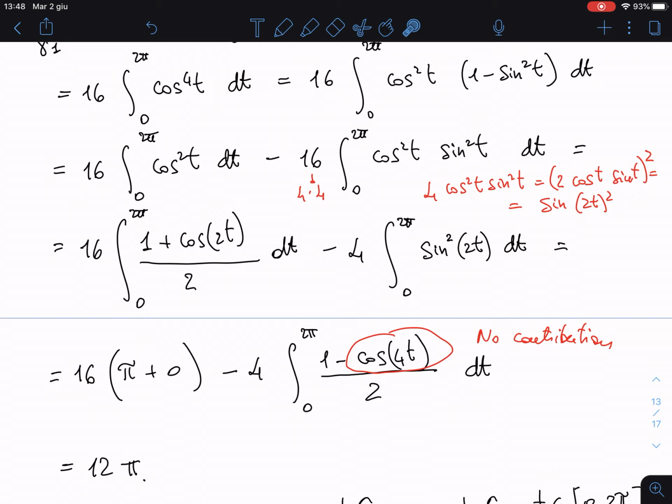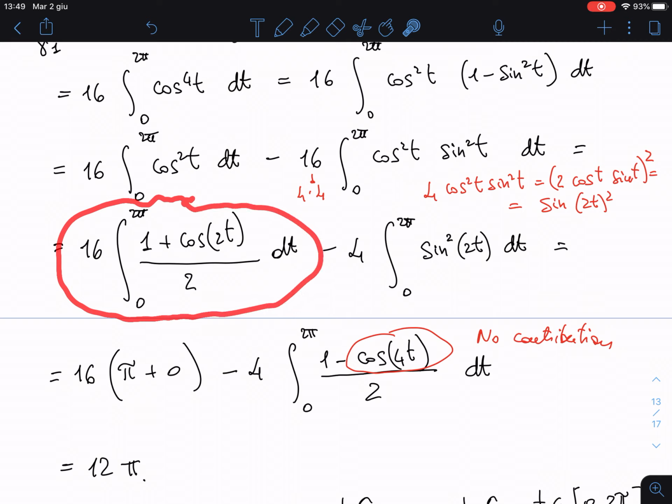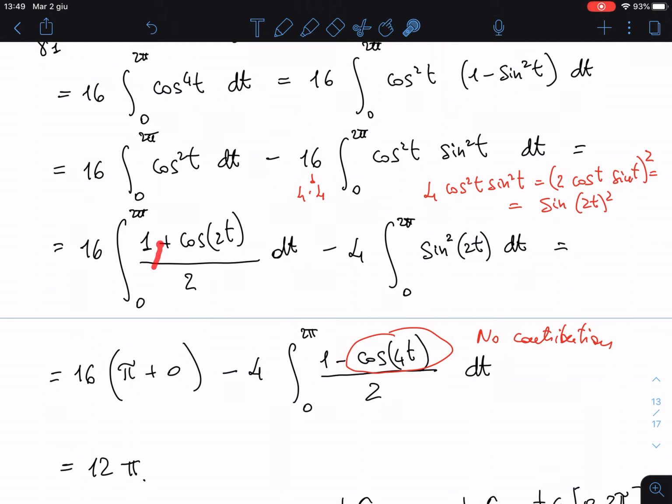Then in the next passage we integrate this term here. So we have 16. Then we have the first term 1/2 to be integrated between 0 and 2 pi, and of course it is 1/2 times 2 pi, which gives pi.